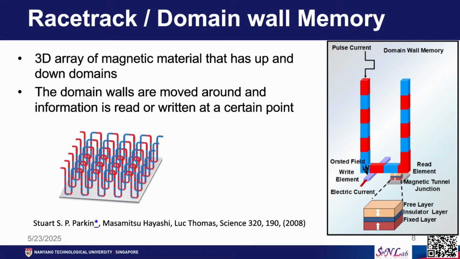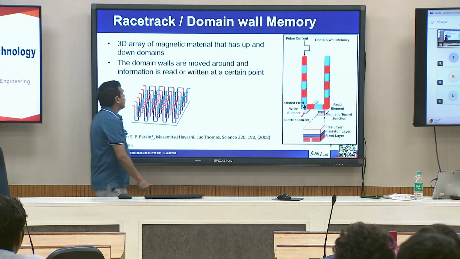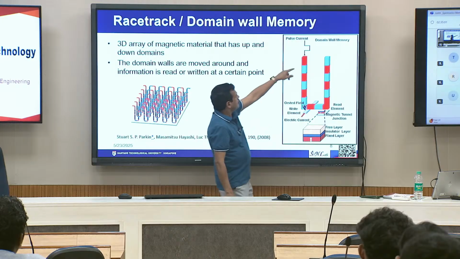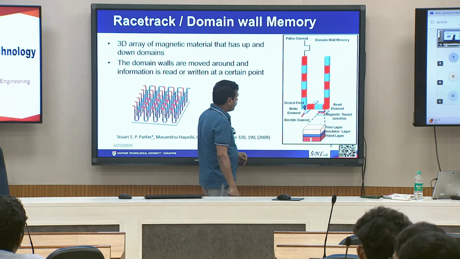In the racetrack memory you have a wire with lots of up and down domains, and you can call this a bit 1, this a bit 0, something like that. You can move the bits by sending a current through the domain wall device. I will explain how it works.